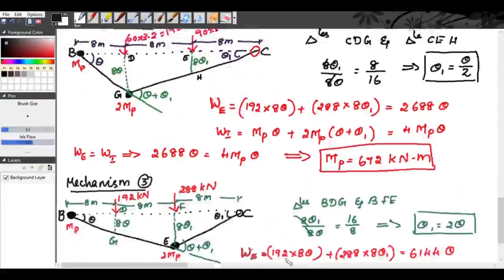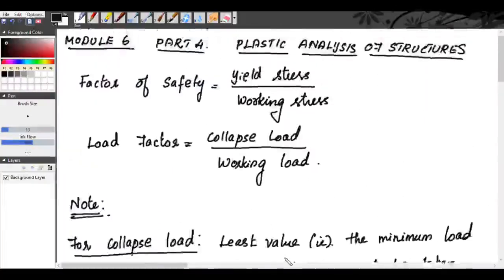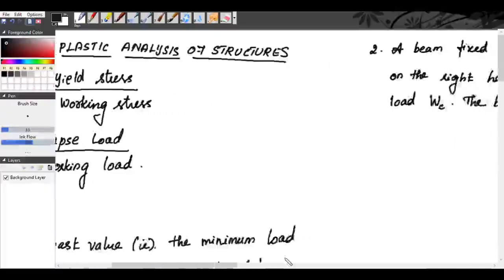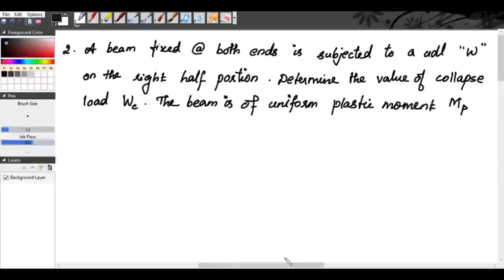We will move on to the second problem. So second problem is, a beam fixed at both ends is subjected to an UDL W on the right half span. So we have a beam fixed at both the ends.